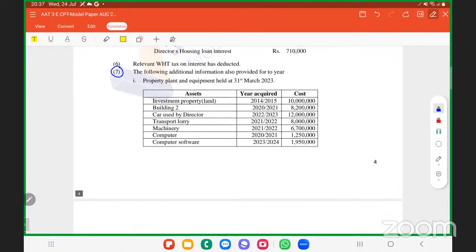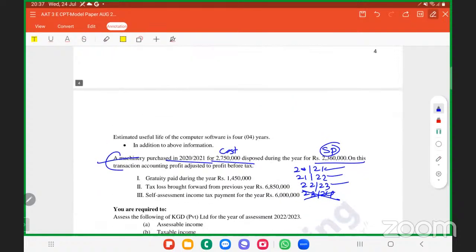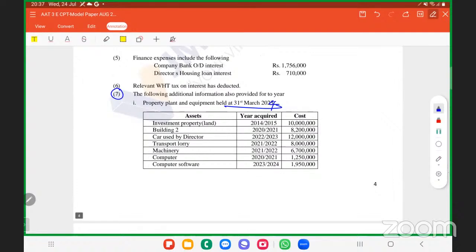Once you read that, you can understand. So the property, plant and equipment, at 31st March 2020, it should be 2024, not 2023, a typo, right? Here the investment property is not eligible. Why? The investment property is not a depreciable asset.